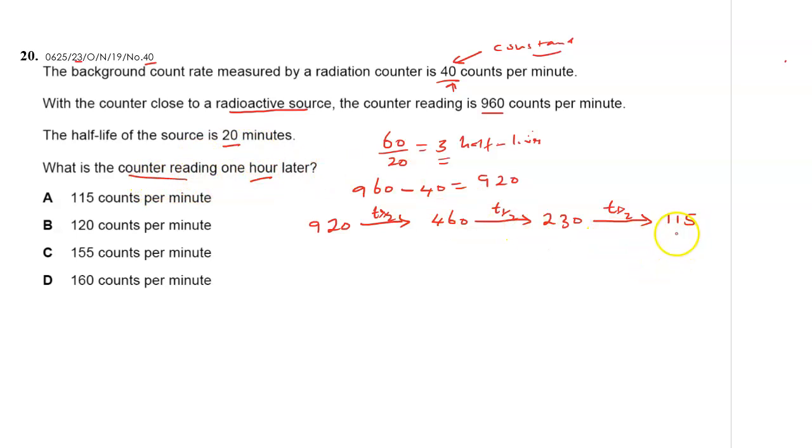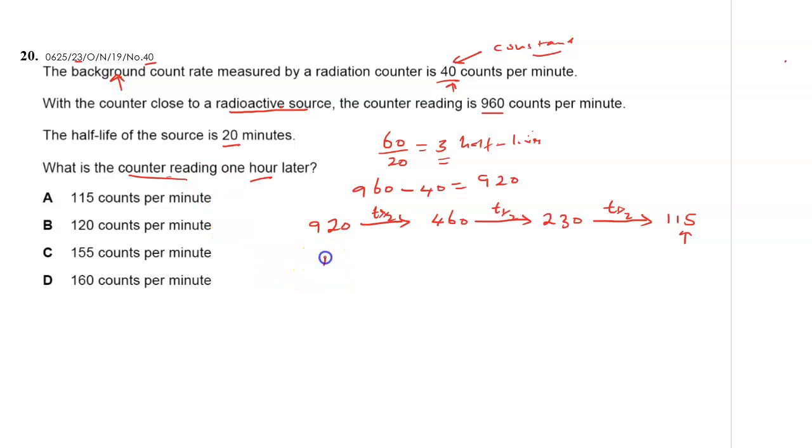This is the count rate of the radioactive source without considering the background radiation. But the background radiation is there, and therefore the counter is reading both the radiation from the radioactive source and the background radiation.